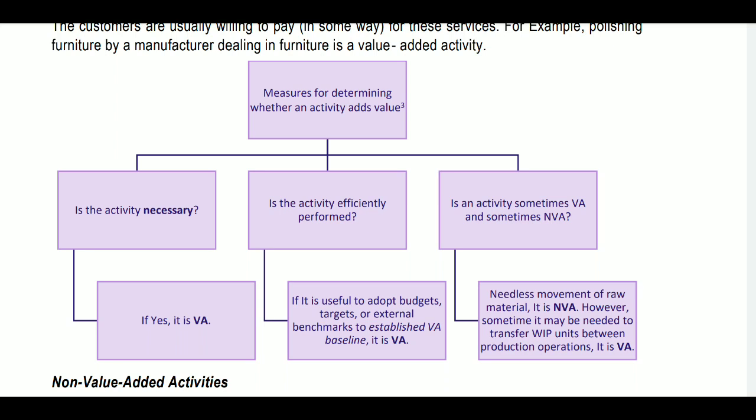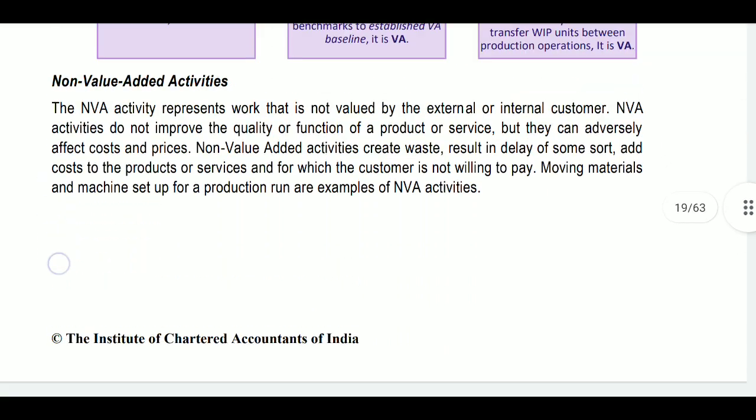Next, is an activity sometimes value added and sometimes non value added? Needless movement of raw material is a non value added activity. However, sometimes it may be needed to transfer work in progress units between production operations, and then it is a value added activity.